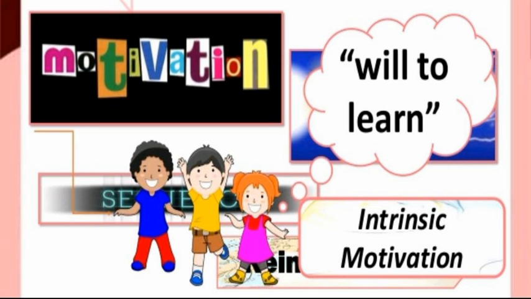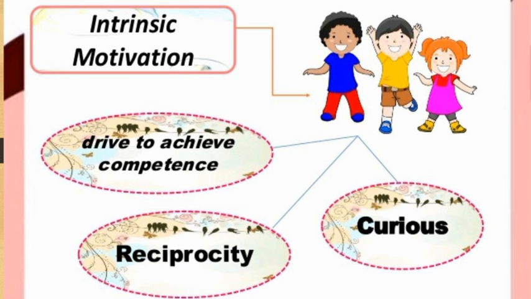Here, once again, in this learning activity, intrinsic motivation is needed. Personal motivation is needed. Will to learn is a must in this learning. Intrinsic motivation is the motivation related with curiosity, reciprocity, drive to achieve competence.